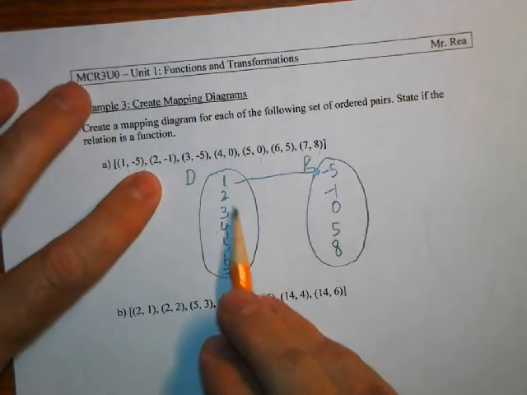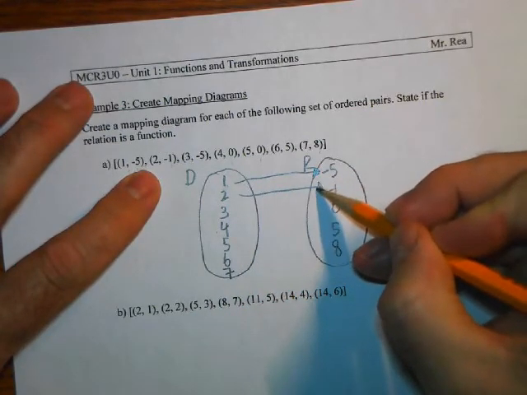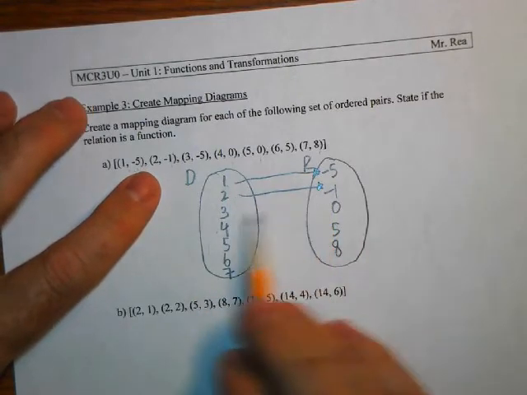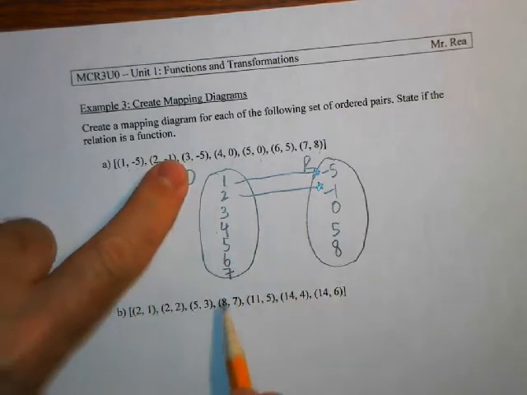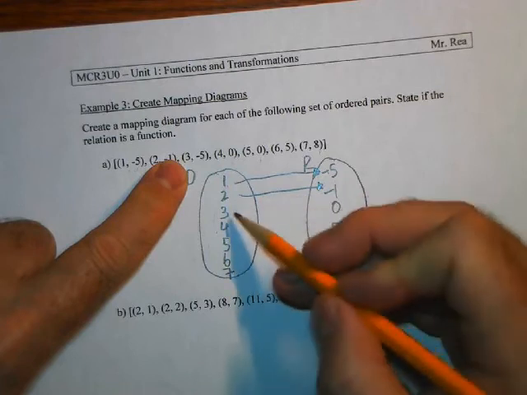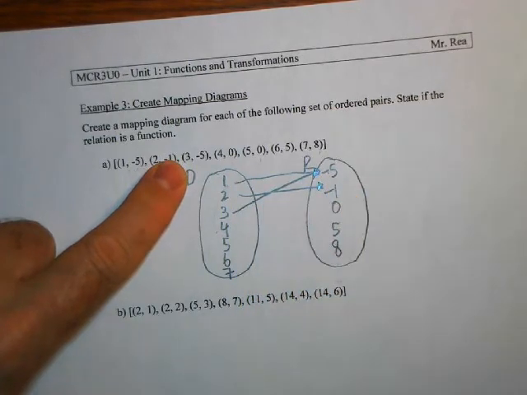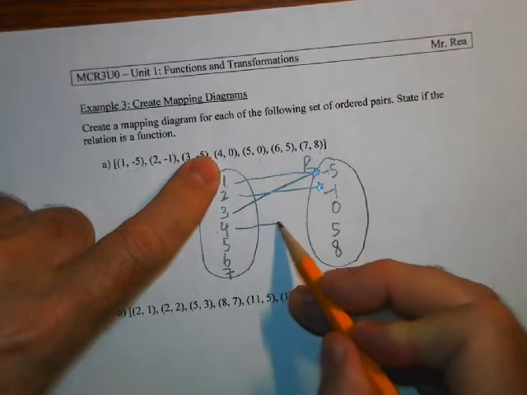Next one is 2 and -1. There's that mapping from 2 to -1. That defines this ordered pair here. 3, -5. So -5 I've already used once, so I'm just going to draw another arrow going to it. 4, 0. Straight across here.